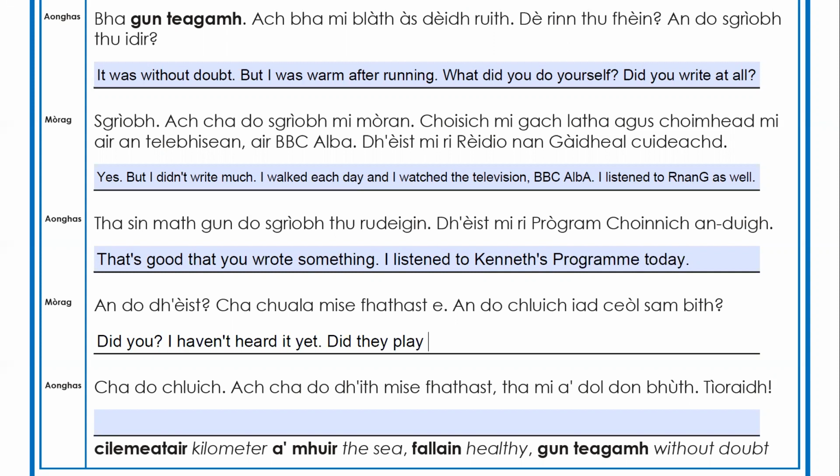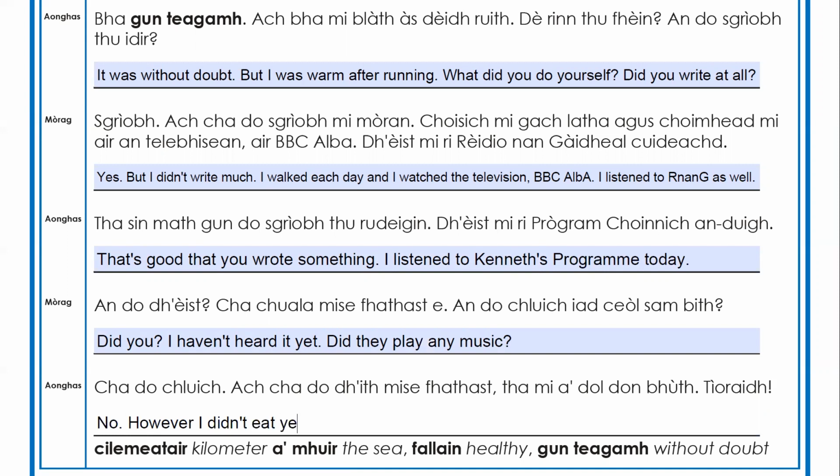Ceol sy'n bi, any music. Dhachaigh, no. Dhachaigh, didn't play. Ach dhachaigh mi hast. So really, but, that's more like however really there. But dhachaigh mi hast. I didn't eat yet.